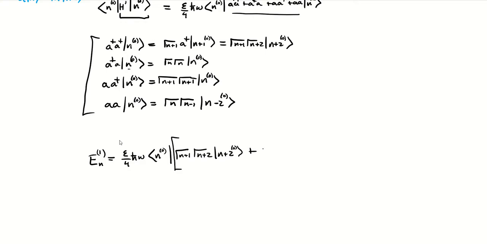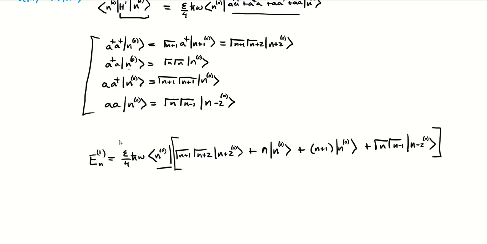plus root n times root n is just going to give us n times n0. The n plus 1 squared is just going to give us n plus 1 times n0. And then that last term is root n times root n minus 1, the n minus 2 to the 0th order state.